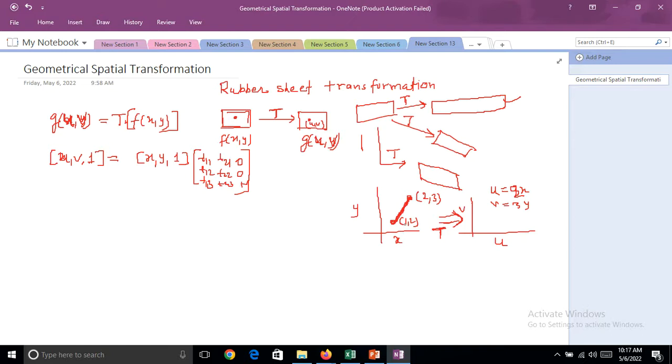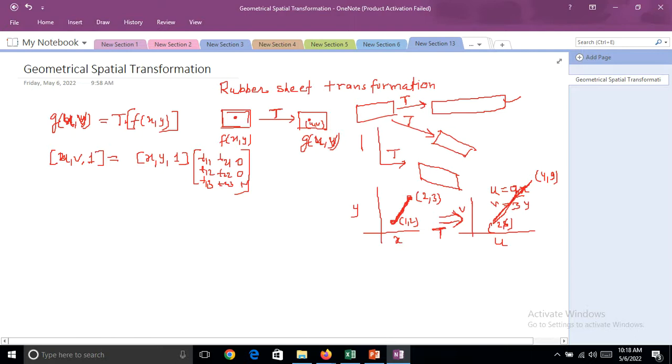So the x coordinate you multiply by 2, so this will become 2. The y coordinate you multiply by 3, so 2 times 3 is 6. So this became 2 comma 6 and this will become 4 comma 9. Once we scale in x direction 2 times and y direction 3 times, it will become like this.